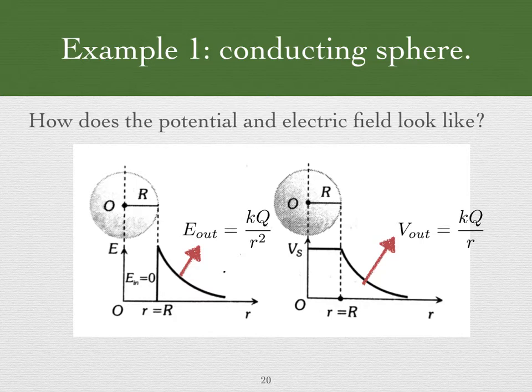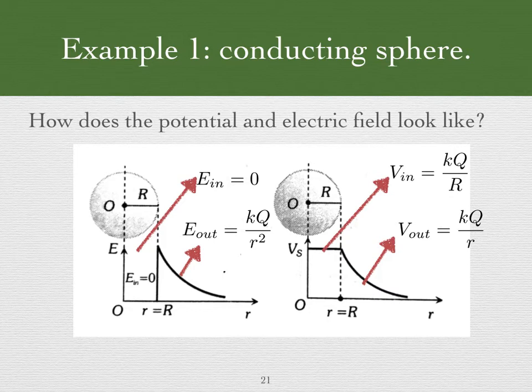So exactly what is this potential? This potential is nothing but kq over r, where r is the radius of the ball. This makes sense because this potential, Vs, at the center or any point inside the sphere, is the same as the potential at the surface.